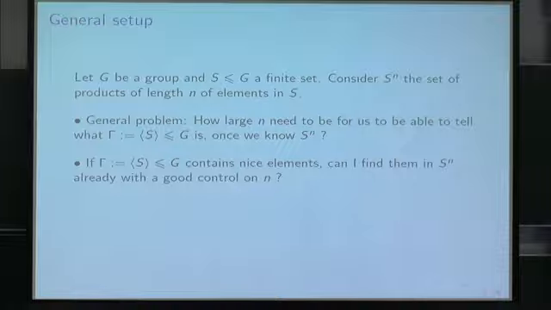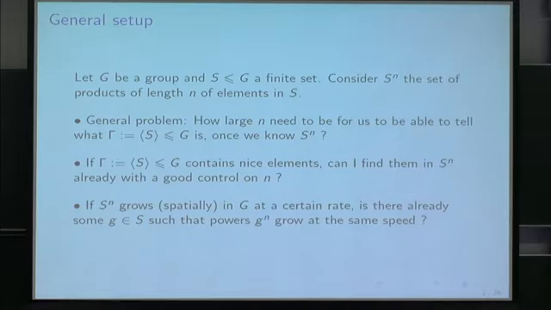The idea being that we try to quantify things, so we try to understand what's happening, to be able to tell global properties from local properties. So for example, suppose that your group contains some nice elements. I will say what nice means. Then can you find them already in a small ball in the Cayley graph?